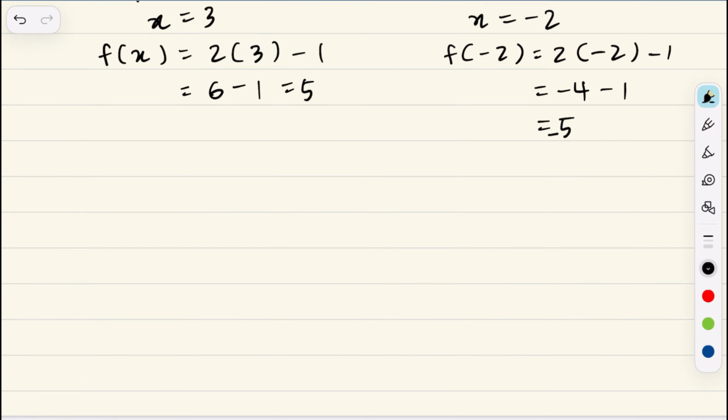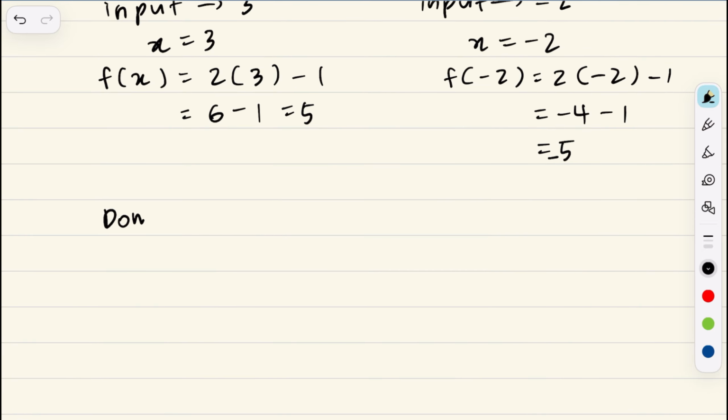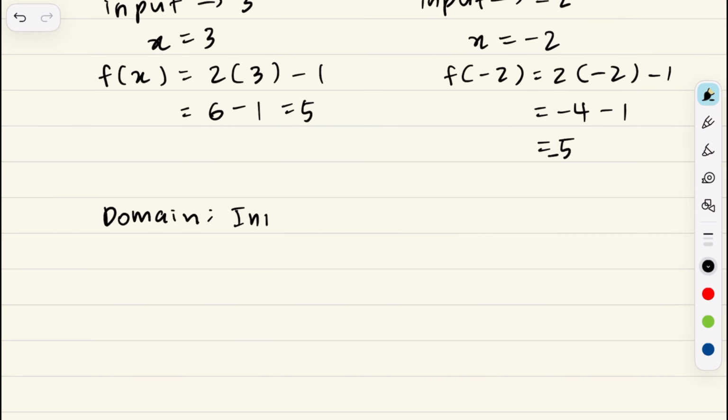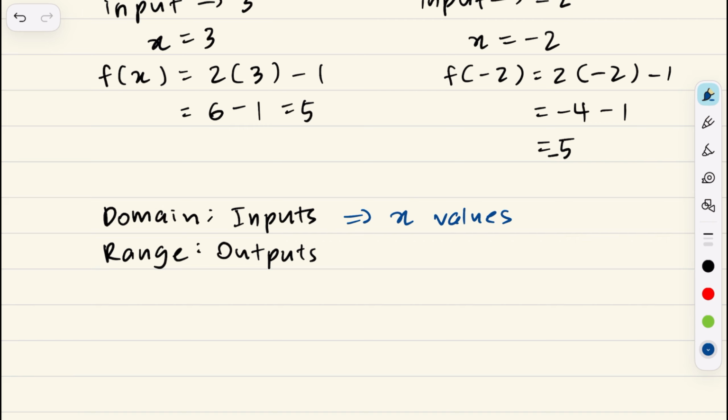Now let's look at domain and range. The domain of a function, simply put, is all the possible inputs, and the range of a function is all the possible outputs. Inputs are the same as x values, so we can also say the domain is all the possible x values, and the range is all the possible y values.